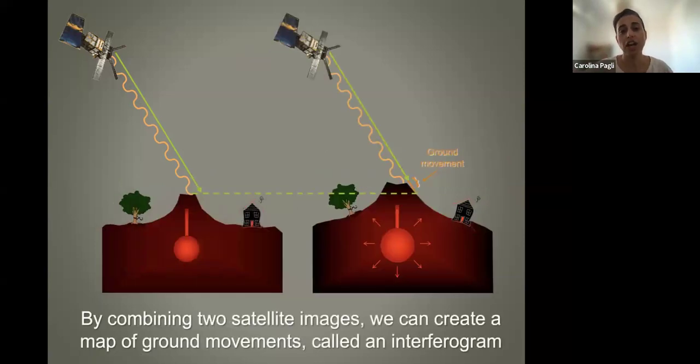Therefore, if we combine the acquisition made at time B and subtract the acquisition made at time A, we can have an estimate of all the ground movement that occurred between these two acquisitions. And that's exactly what InSAR is. An interferogram is a map of all the ground motions that occurred between the times of the two acquisitions.